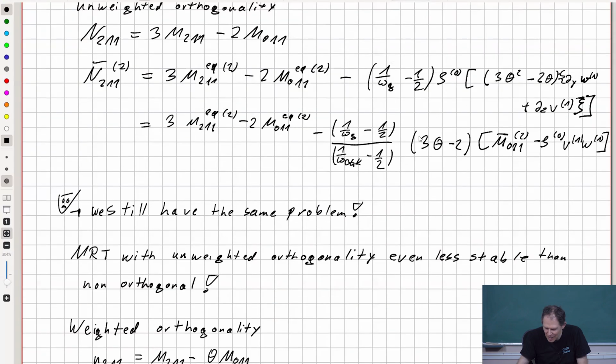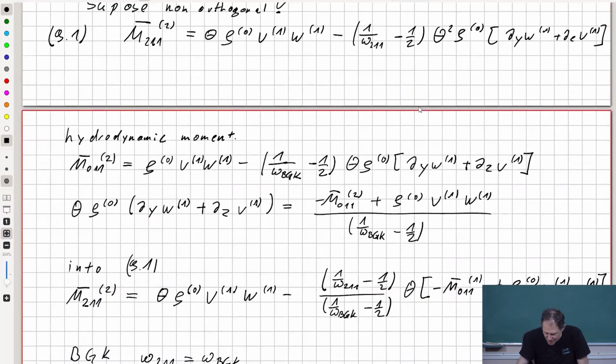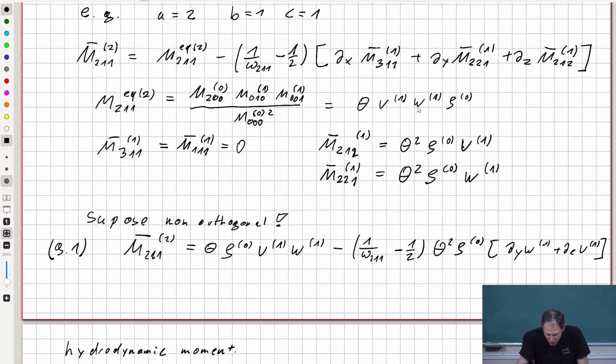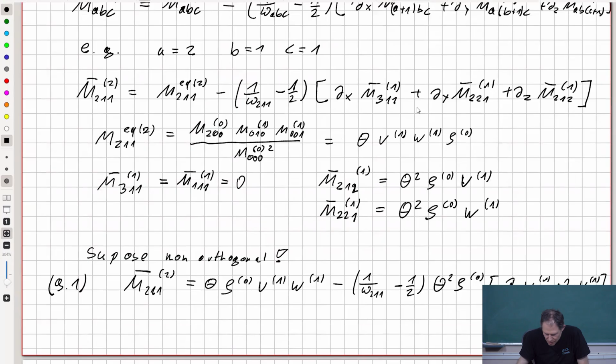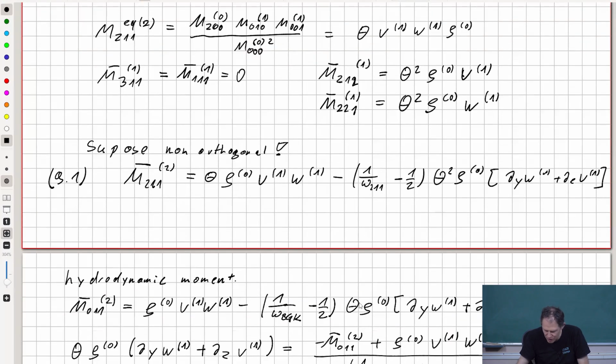I mean, the idea behind all of this, if I may go back, is if you look at the moments themselves, then this guy here, this M211, has a theta squared in front of this, and the hydrodynamic one has only a theta in front of it. So the idea is if I multiply this guy here with a theta, then I get again this theta squared.